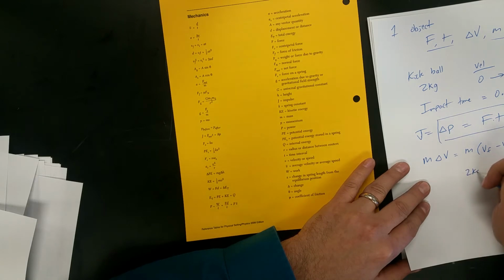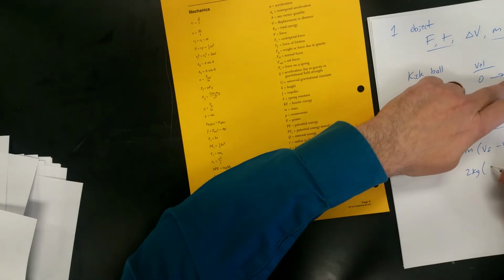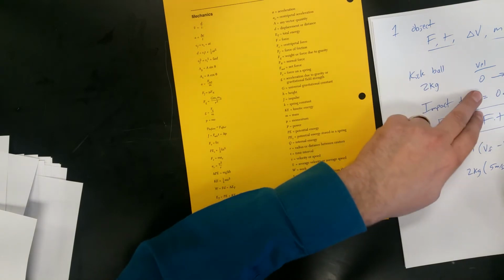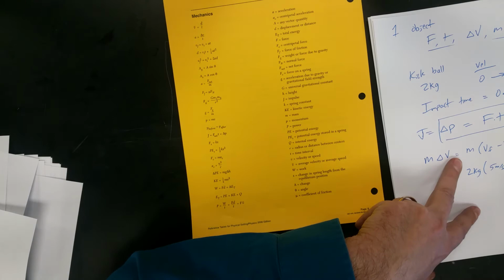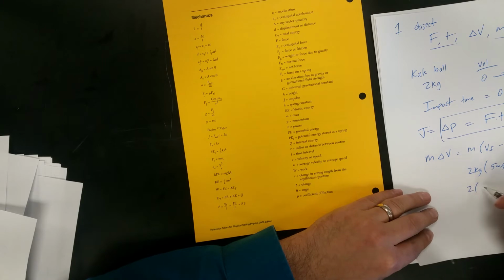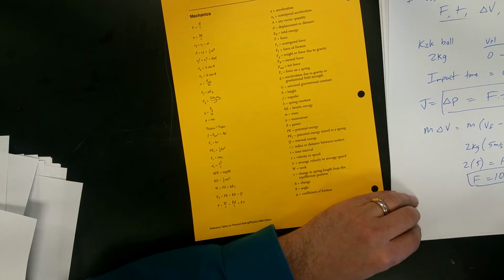So mass is 2 kilograms, V final is 5 meters per second, V initial is 0 meters per second, and that's going to equal a force times a time of 0.1 seconds. So we get 2 times 5 equals force times 0.1. So that's 10, and your force ends up being 100 newtons. And just combine and solve for the thing that you don't know.